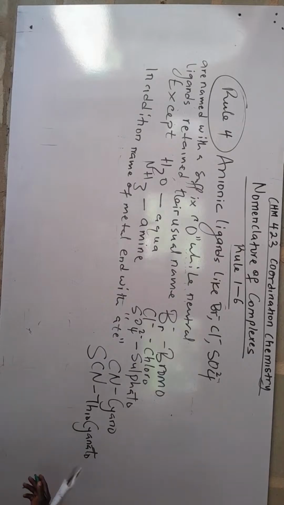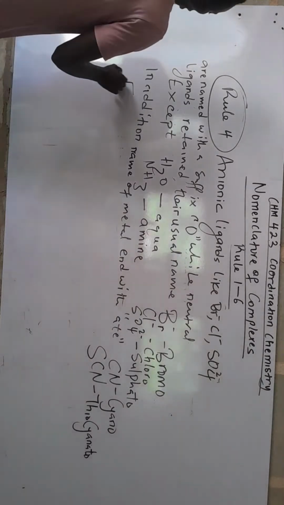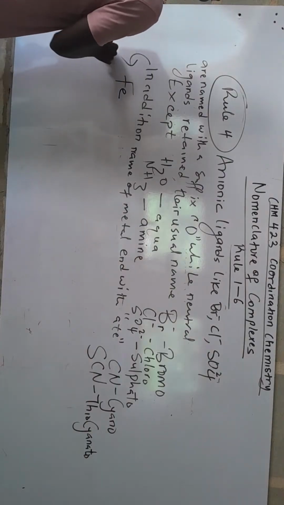That is where we have the cyanato. Exactly, cyanato. Or you pronounce it as cyanato as well. Now, from here, we can check those possible compounds or metals that we can also change their names as well, such as Fe, like this one indicated here.